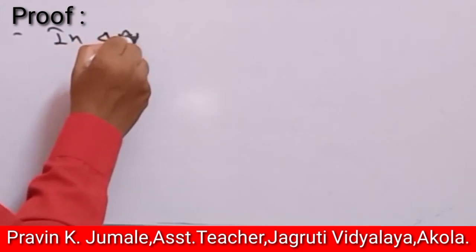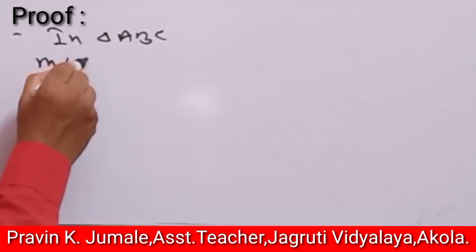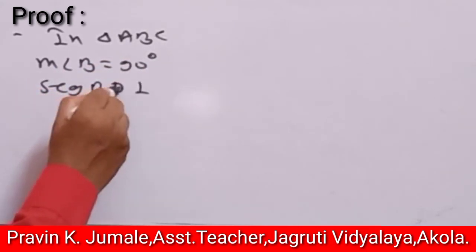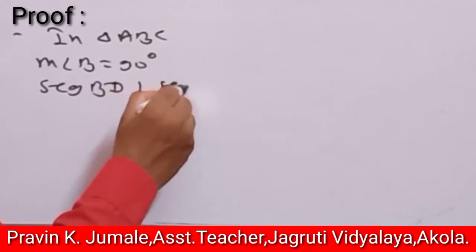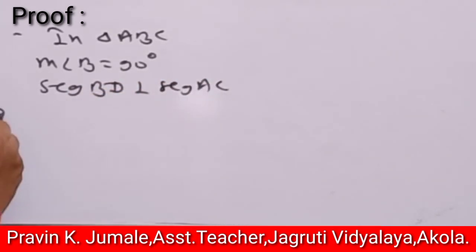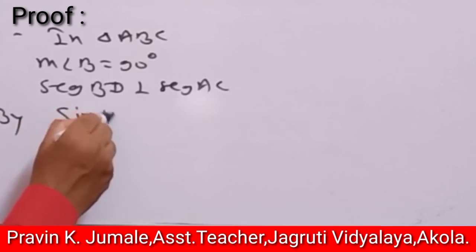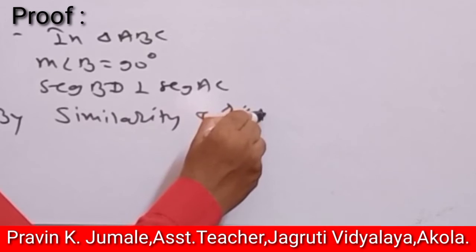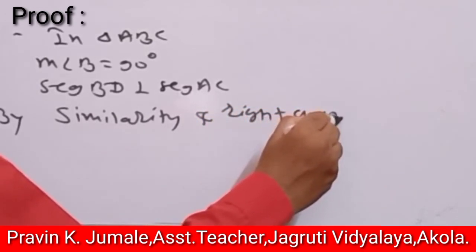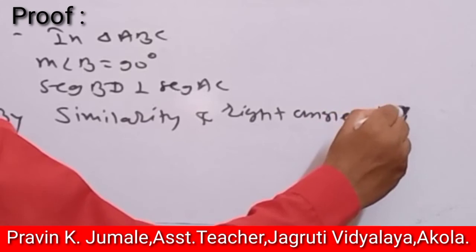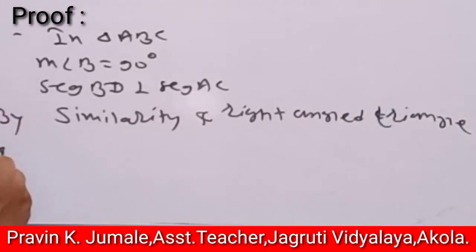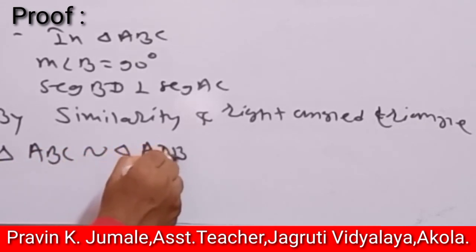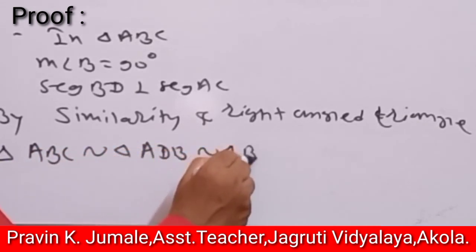In triangle ABC, measure of angle B is equal to 90 degree and segment BD perpendicular to segment AC. Therefore, by similarity and right angle triangle, triangle ABC similar to triangle ADB similar to triangle BDC.